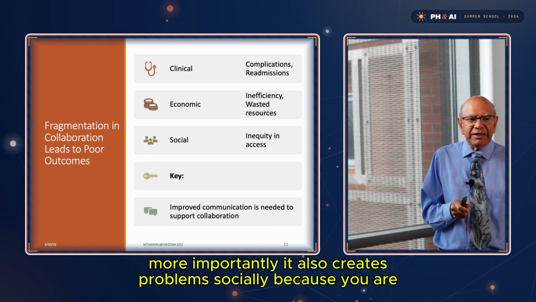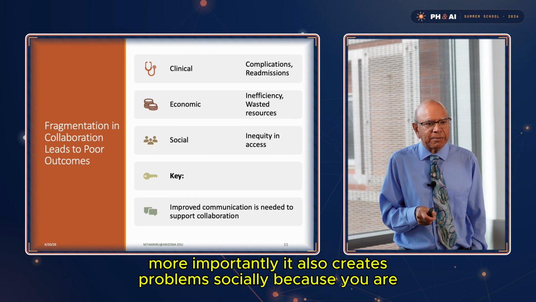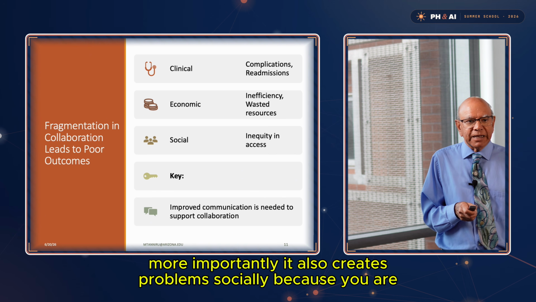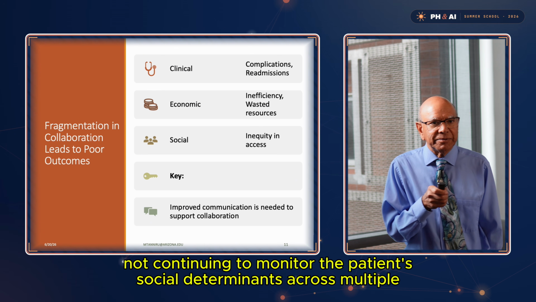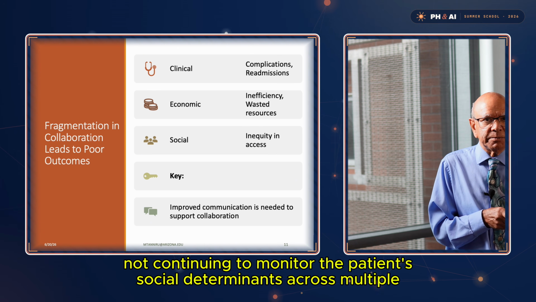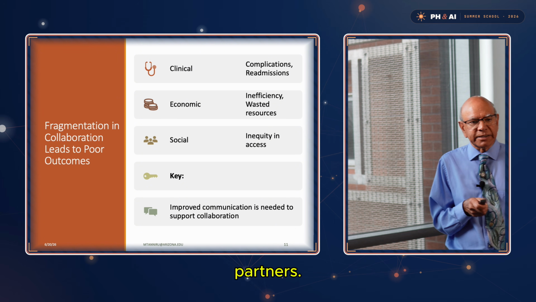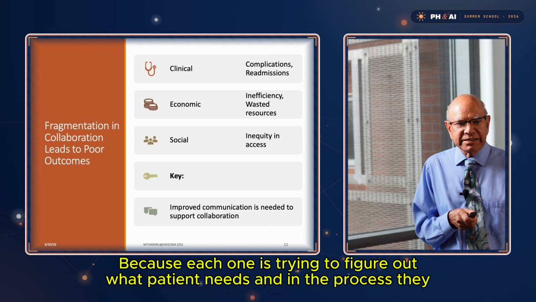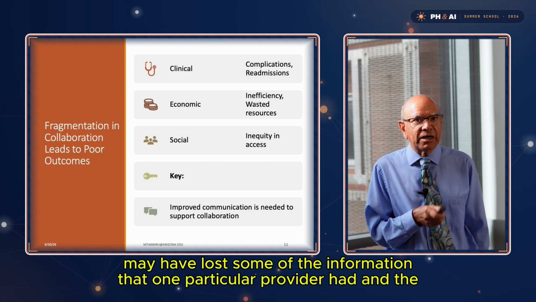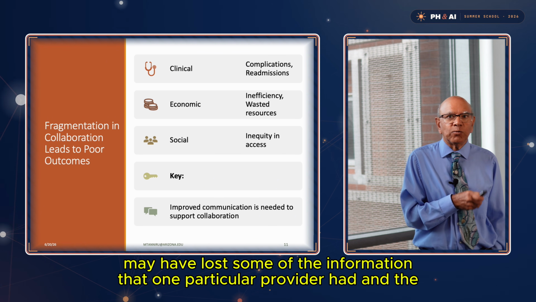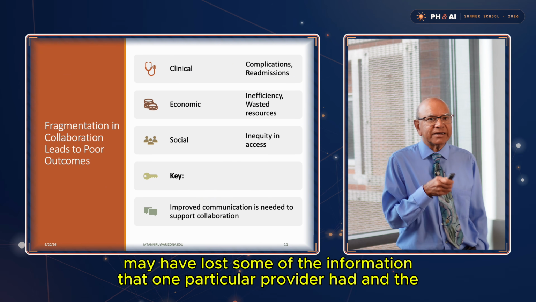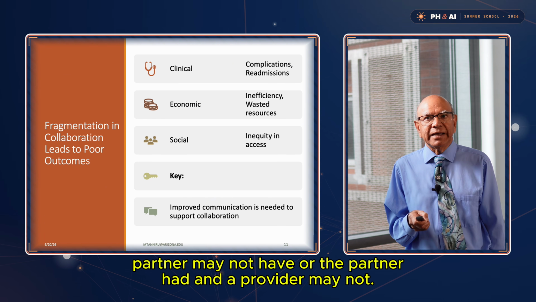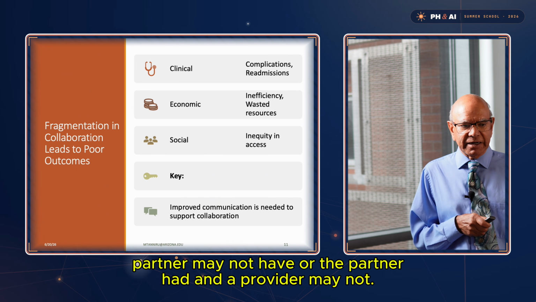And more importantly, it also creates problems socially because you are not continuing to monitor the patient's social determinants across multiple partners. Each one is trying to figure out what the patient needs, and in the process they may have lost some of the information that one particular provider had and the partner may not have, or the partner had and the provider may not have.